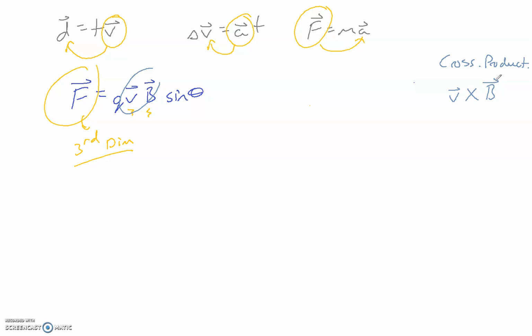An example of this is when you guys were looking at electric flux a while ago, and we had an area, and we said that the angle was not between the area and the field, but that the surface actually had a vector coming off it called the normal.